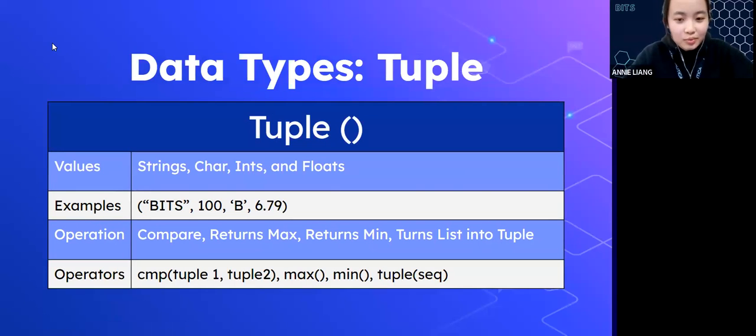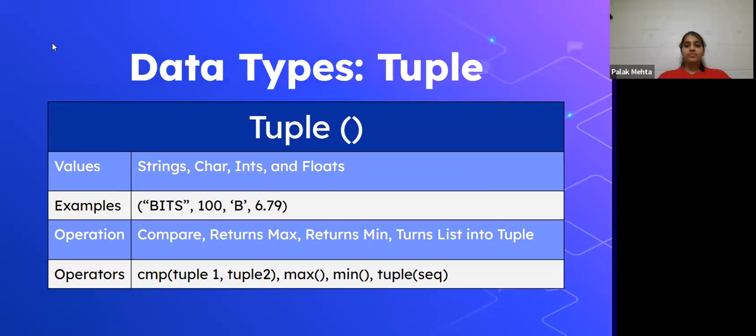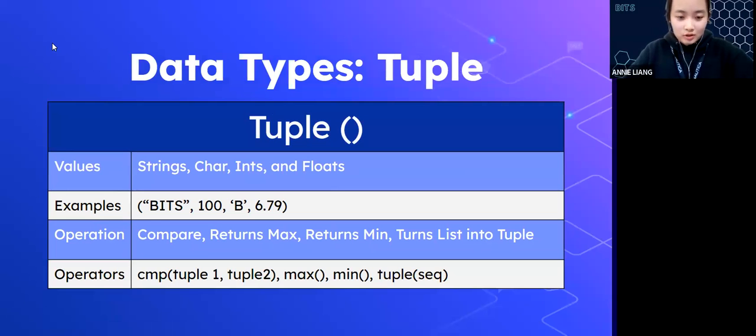Okay, so back to tuples. Tuples are something that you may not have heard of. They work the same as strings in that they save a sequence of values into one data type, and they take the same values as lists, as you can see, but have limited operations.